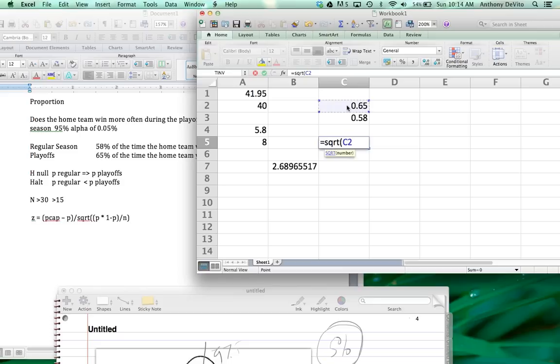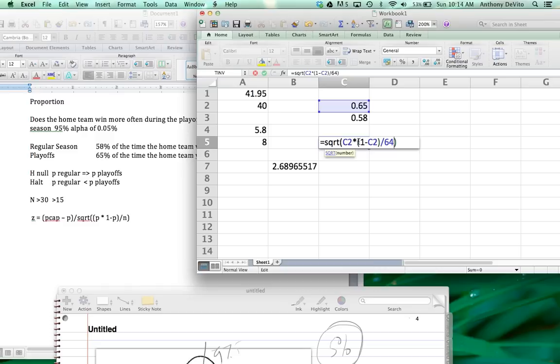So 0.65 times 1 minus 0.65. Okay, and I'm going to put that into parentheses right now. I'm going to have to put this in parentheses also. Okay, so I got that square root divided by n, which is still 64.